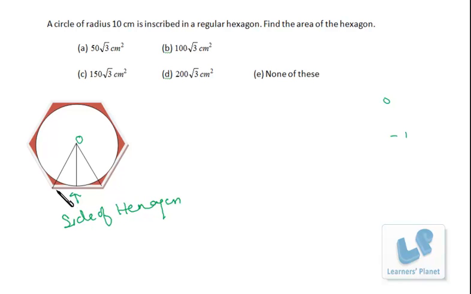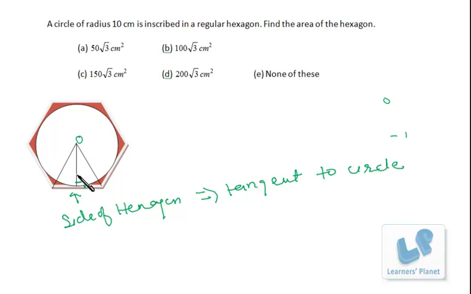And simultaneously it is tangent to the circle. Now what happens? Whenever we drop a perpendicular from center to tangent, the length of this perpendicular is equal to the radius of the circle.